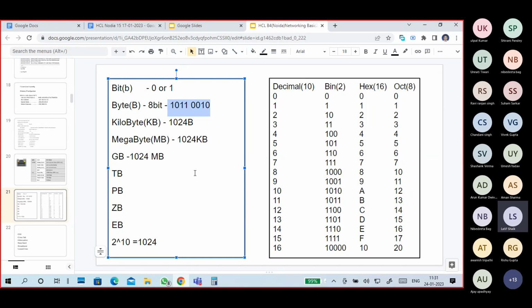Again, everything goes in multiples of 1024. 1024 into 1024 is a megabyte, and so it goes gigabyte, terabyte, petabyte, each being 1024 times the earlier one.